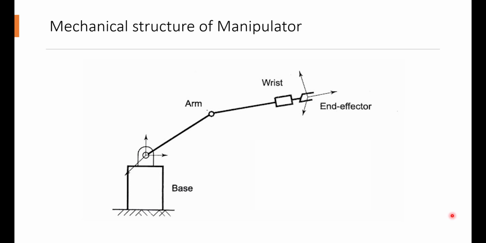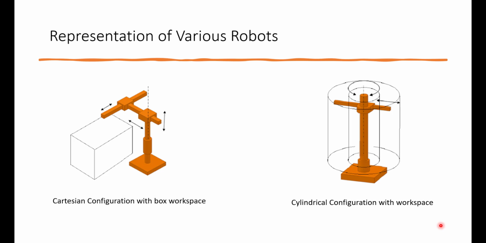The gross work envelope of a robot is defined as the locus of points in three-dimensional space that can be reached by the wrist. Based on these joints, we have various types of robots such as the Cartesian robot, which has a rectangular box work envelope.